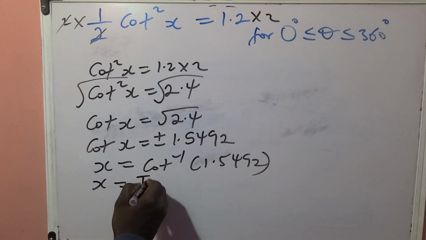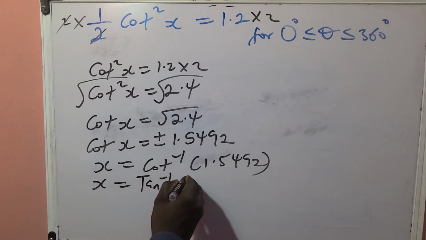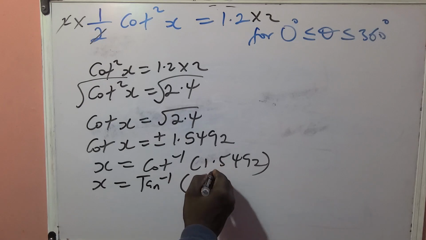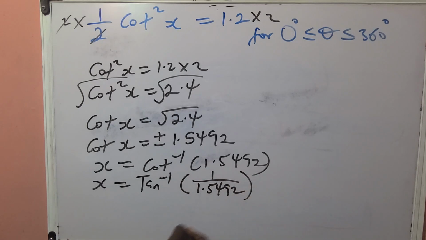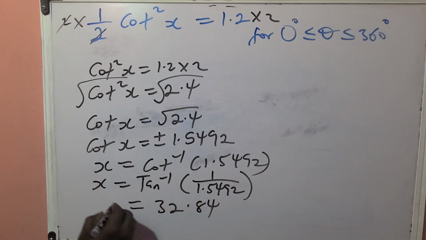That will be arctan of, not using this anymore, you'll be using 1 over 1.5492. So if you find the arctan of that, you'll be getting a value of 32.84, which will be your x value.